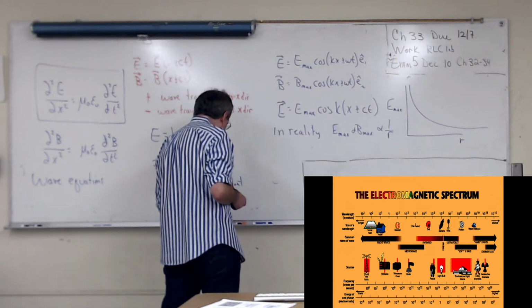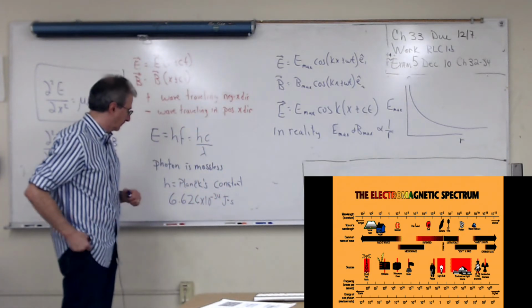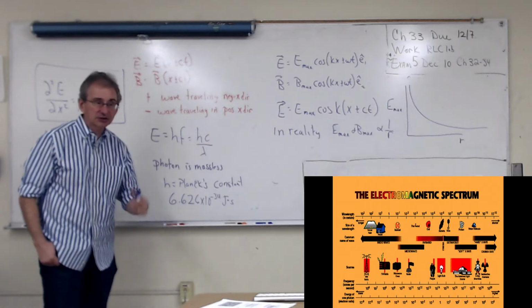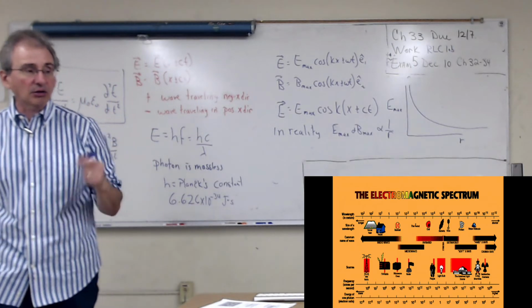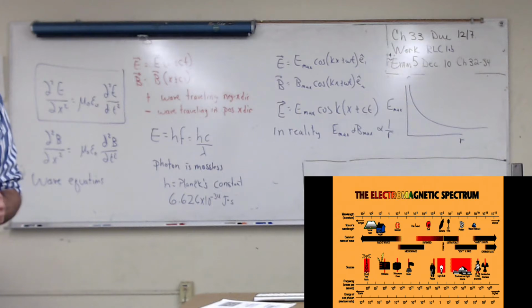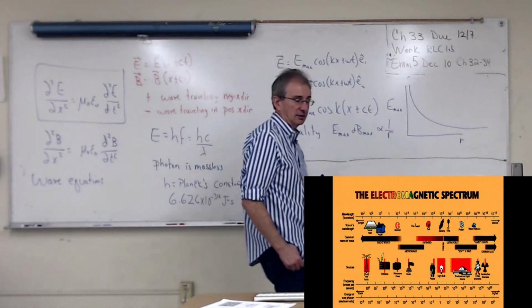It has units of angular momentum. So energy is Planck's constant times c over lambda. That's the energy of each photon. And you notice as the frequency increases, the photon has more energy. The more it oscillates, the more energy. The greater the oscillation frequency, the more energy it has.